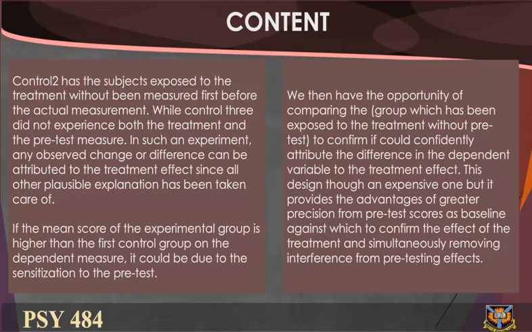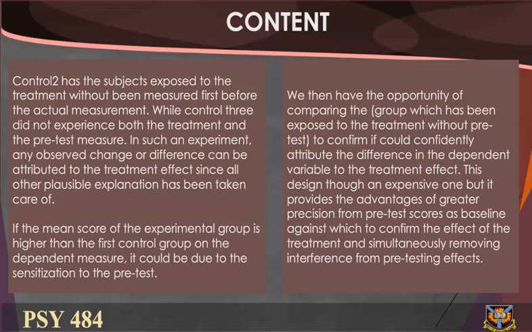In such an experiment, any observed change or difference can be attributed to the treatment effect since all other plausible explanations have been taken care of. If the mean score of the experimental group is higher than the first control group on the dependent measure, it could be due to the sensitization to the pretest.